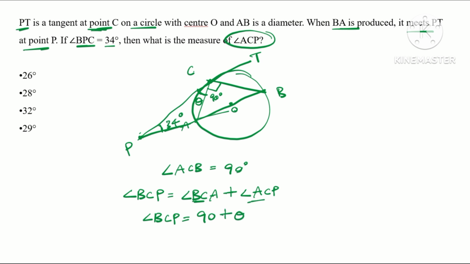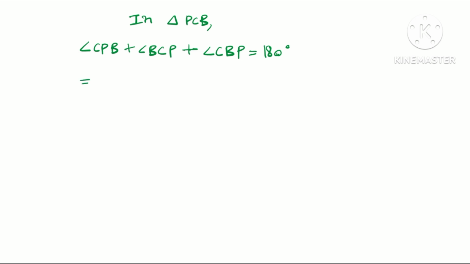As per the alternate segment theorem, angle PBC equals angle ACP equals theta. In triangle PCB, angle CPB plus angle BCP plus angle CBP equals 180 degrees, as the sum of the angles in a triangle is 180 degrees.